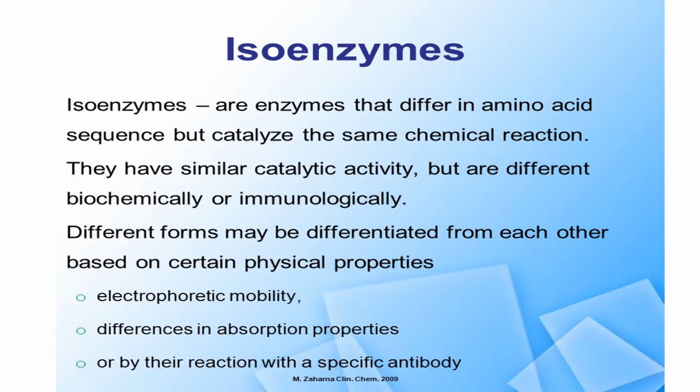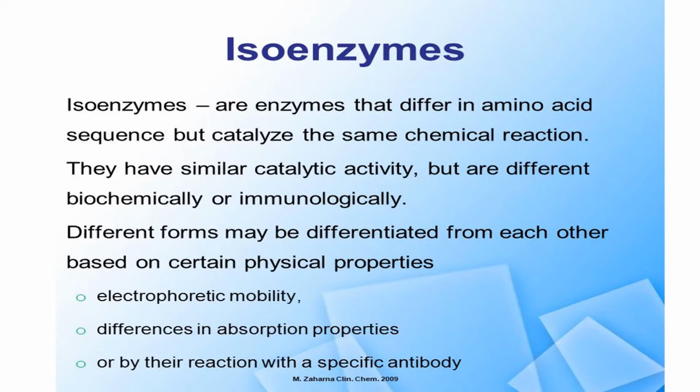Now this is another definition of isoenzymes. Isoenzymes are enzymes that differ in amino acid sequence, but they catalyze the same chemical reaction, and they have similar catalytic activity, but they are different biochemically and immunologically.